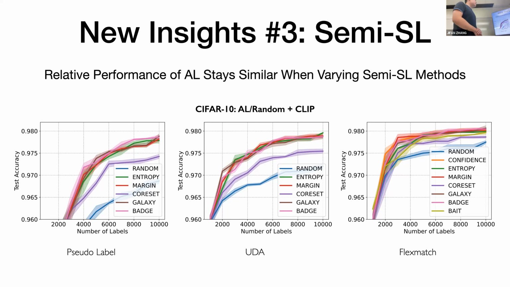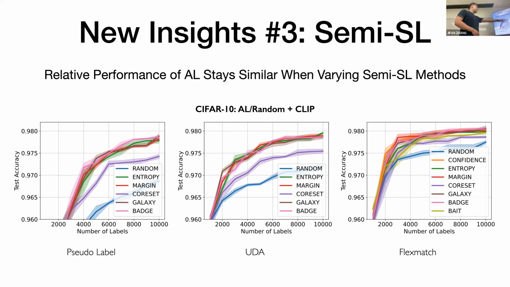The other way also applies. The relative performance of active learning algorithms stays very similar when you choose different semi-supervised methods. Look at this plot. These algorithms roughly perform the same, and then there's Core-Set, and then random, and the same applies to the last plot.